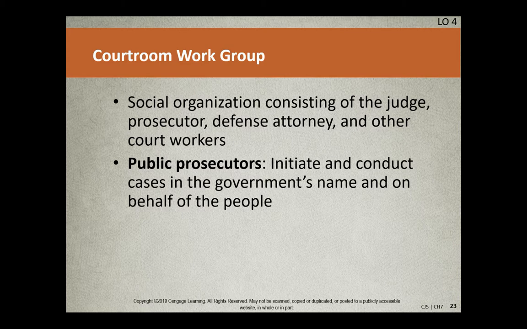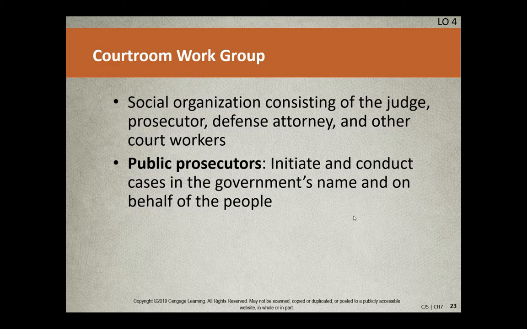The bailiff of the court is responsible for maintaining security. Bailiffs lead the defendant in and out of the courtroom. Bailiffs are often members of the sheriff's department, and sometimes they're employees of the court, but usually they're part of the sheriff's office. The clerk of the court has so many responsibilities.